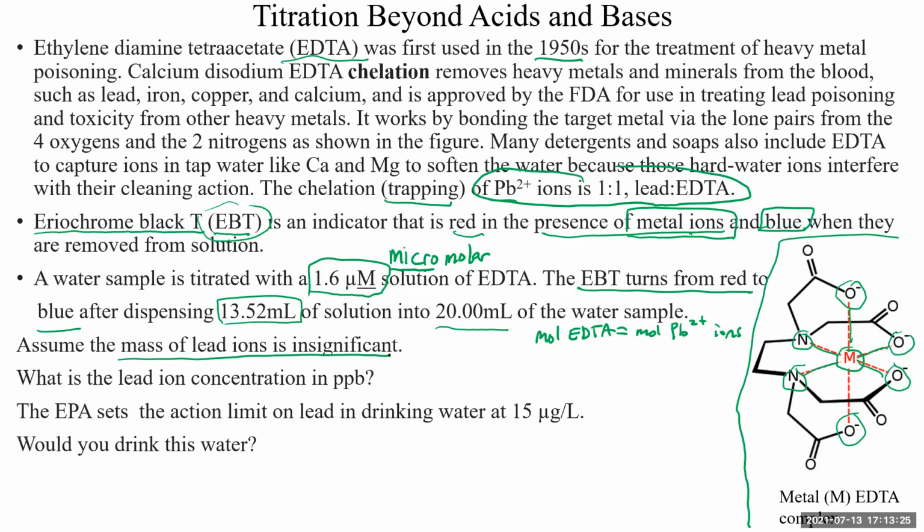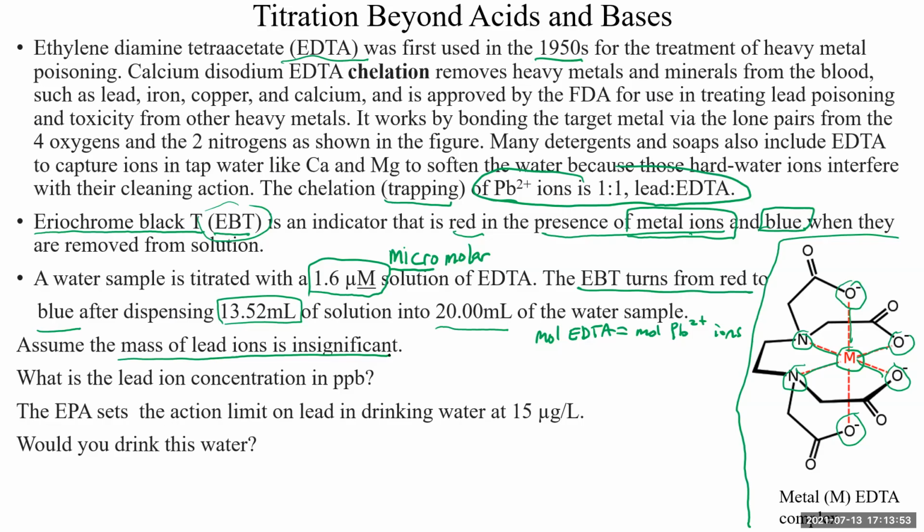Compared to a kilogram of solution, a few micrograms or nanograms of lead is not going to be significant. So your solution really isn't going to be changed by very much. We're going to ignore the mass contribution of the lead ions and pretend that it's just the water that is the mass of our solution.